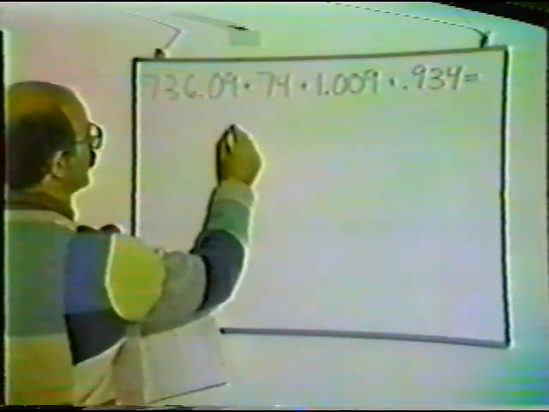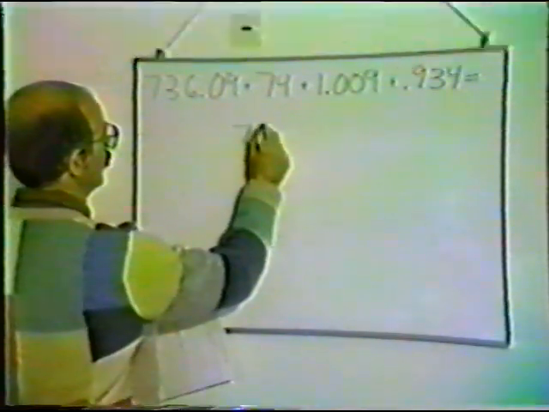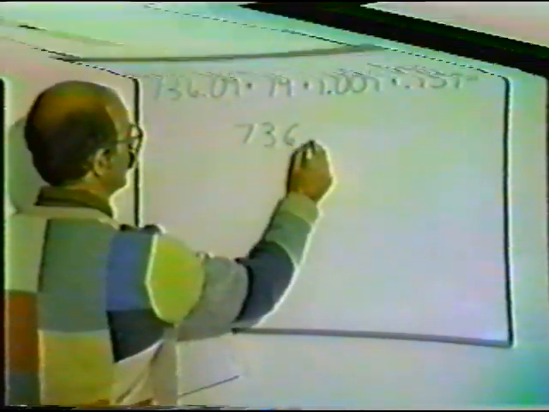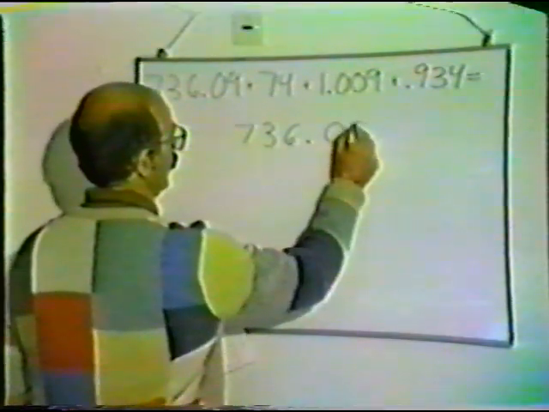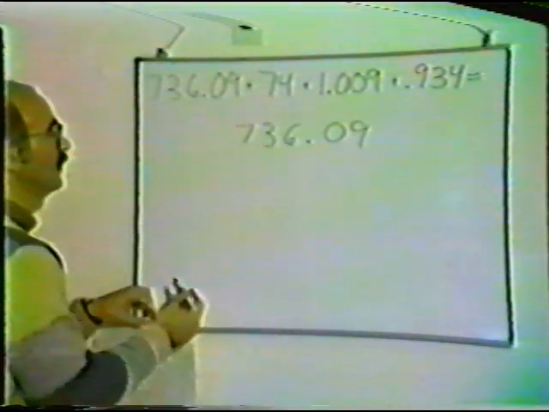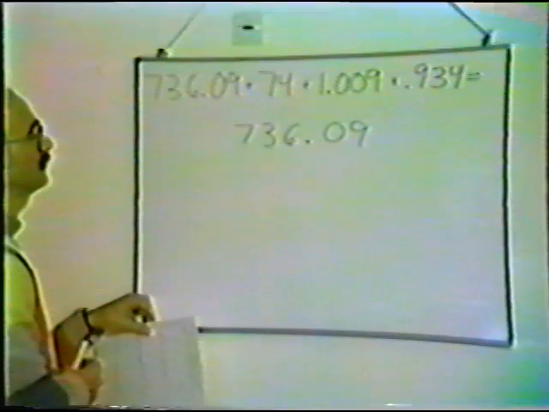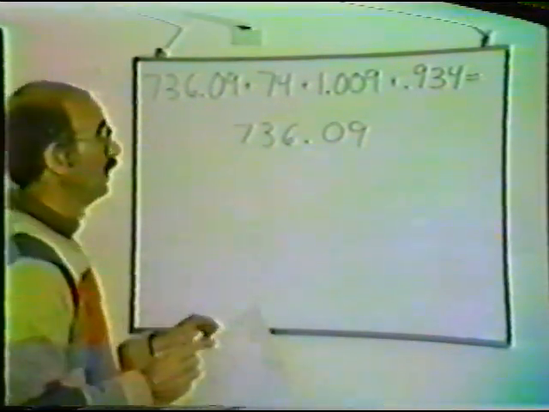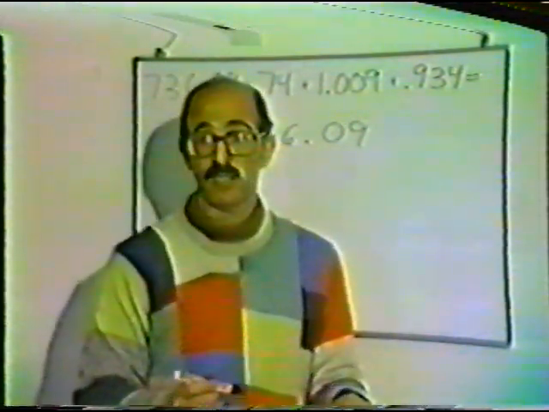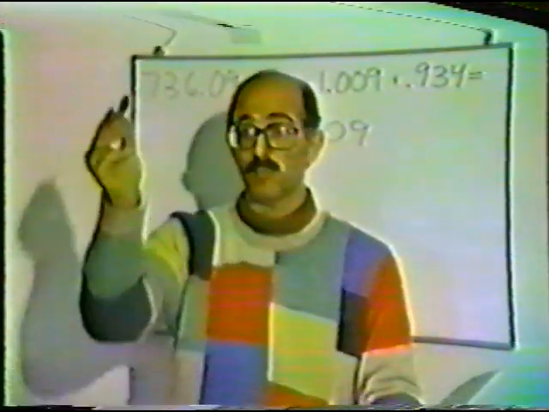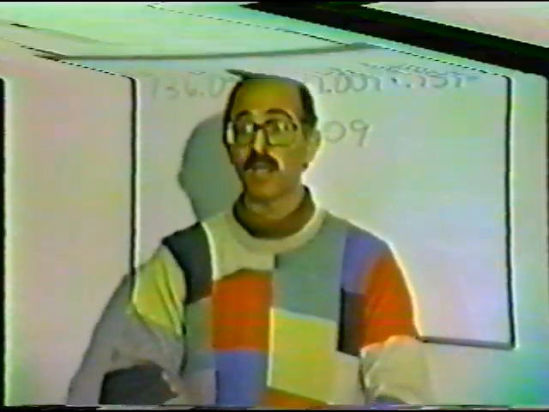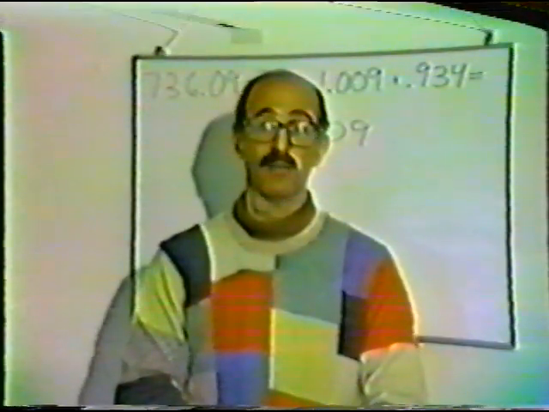Read me the first number. 736 and 9 hundredths. And read me the second number. 74. But Uncle Dan, there's no decimal point in that number, so how can we know how to line it up with the decimal points in a line if there's no decimal point there?